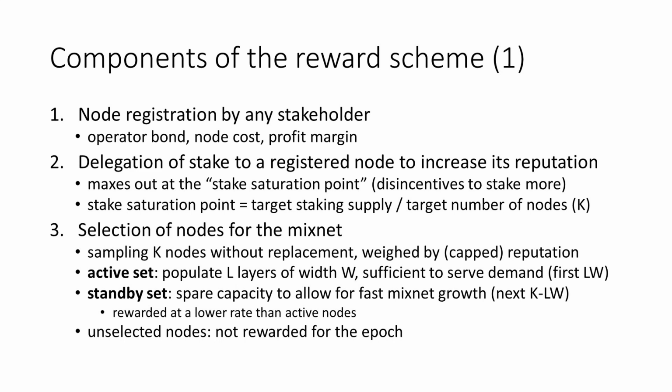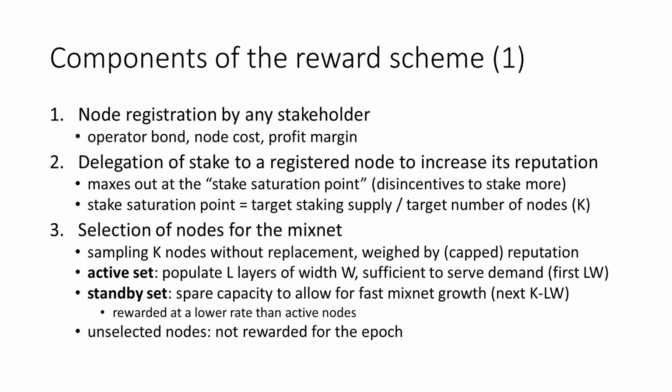If you had a standby set, they would also be rewarded, but at a lower rate than the active ones, because they are required to do a lot less work. They're just standing by, not really doing the work of shuffling packets. And the nodes that are unlucky to not get selected in an epoch don't get rewarded for that epoch, but maybe they can get selected for the next epoch and be rewarded then.